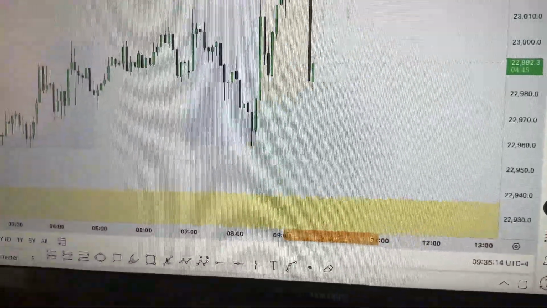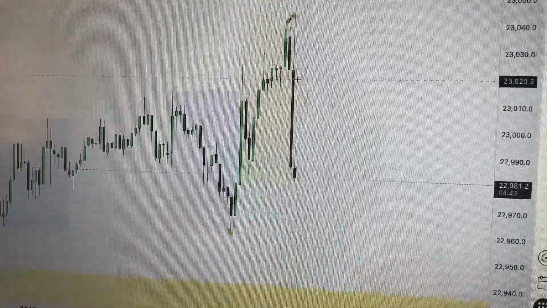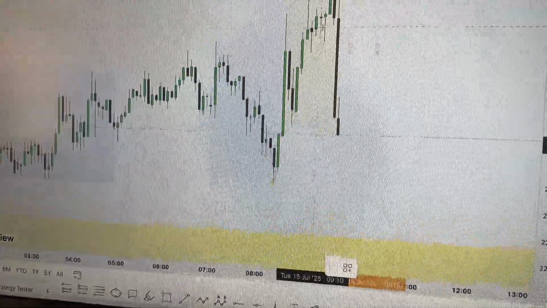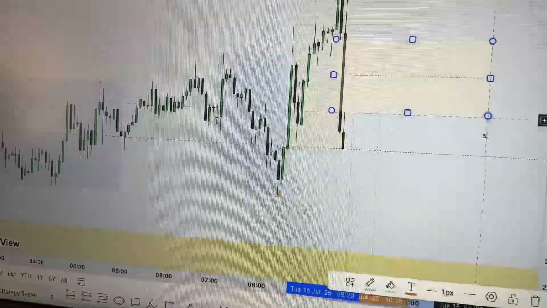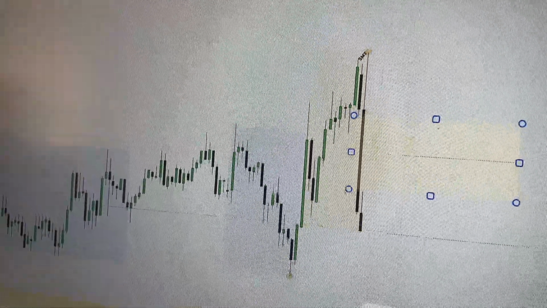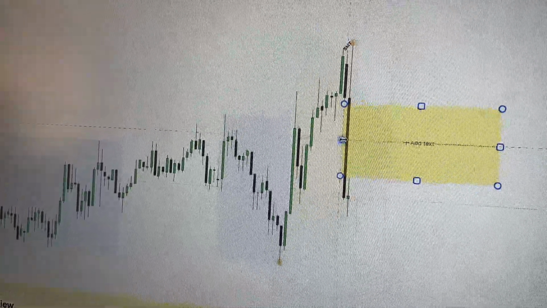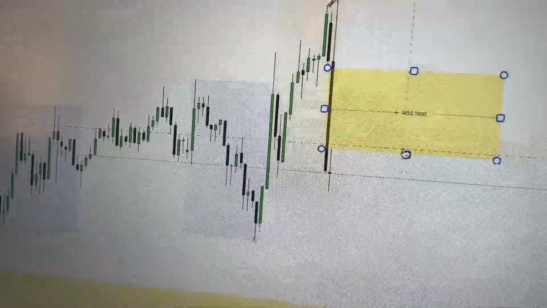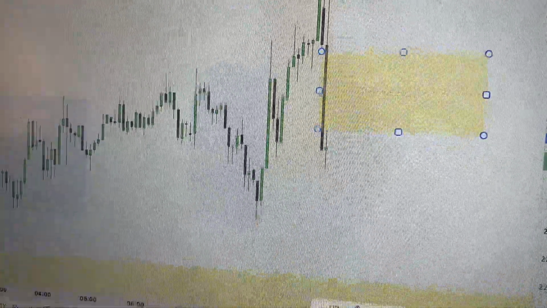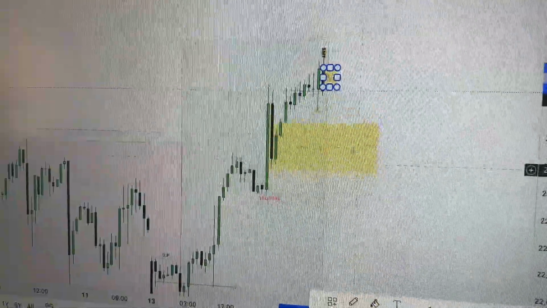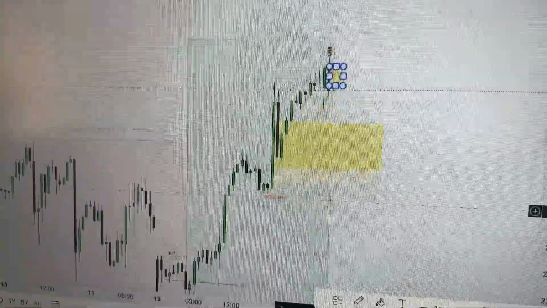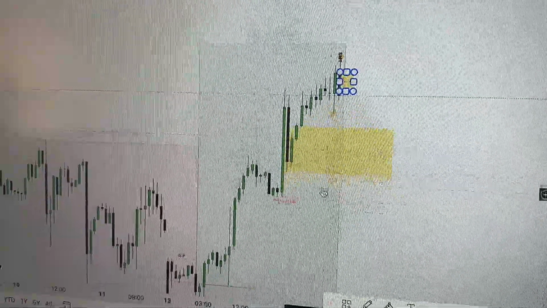On the 5 minute, we currently have formed this beautiful fair value gap right here. We just want to see price come back into it, give me a lower time frame entry confirmation, then I take a sell. I really like this key level here, but I like the low a lot, so I'm going to target either this key level or the low.